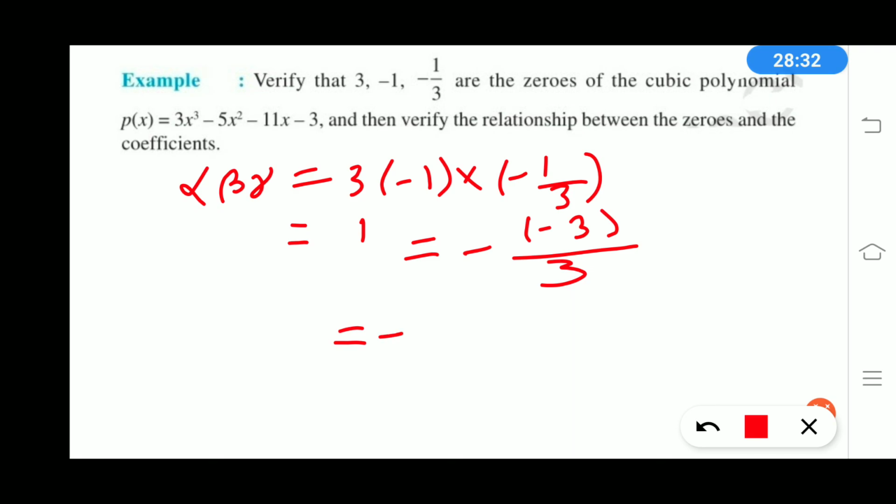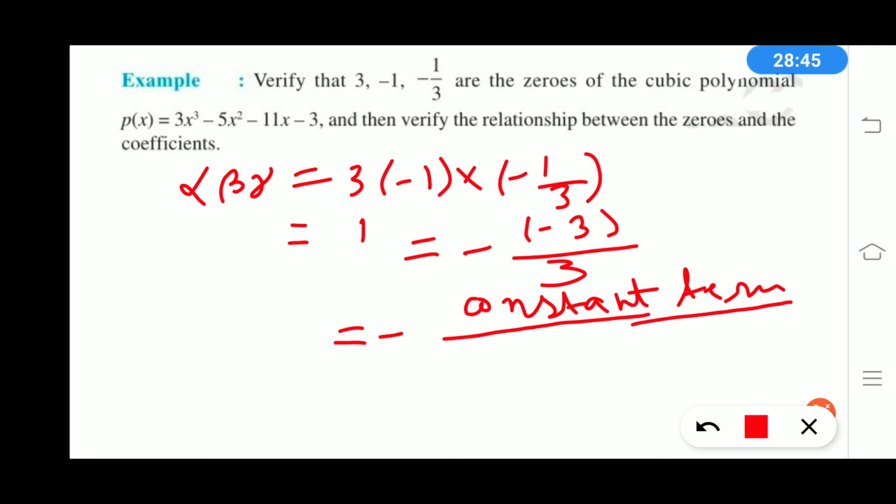So this equals minus of minus 3, that means the constant term, divided by the coefficient of x cube. Clear? So the first example and second example, I think, are clear.